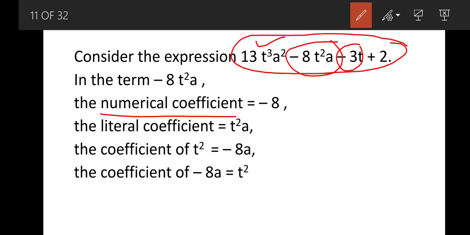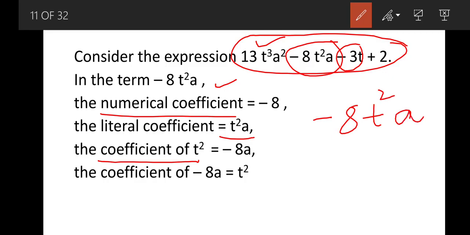So, the literal coefficient of this term is t square a. Apart from t square, whatsoever is present in the term will be the coefficient of t square. So, if I leave t square from the given term, minus 8t square a, what will be left? Minus 8a.